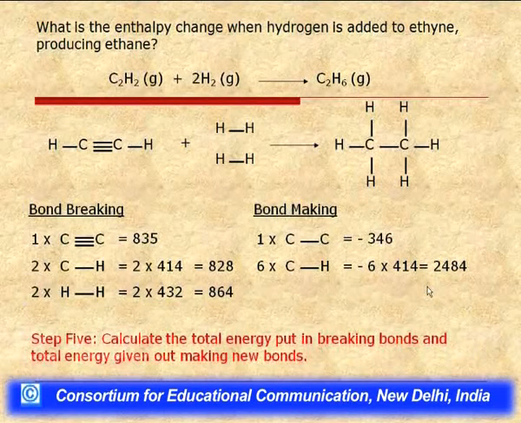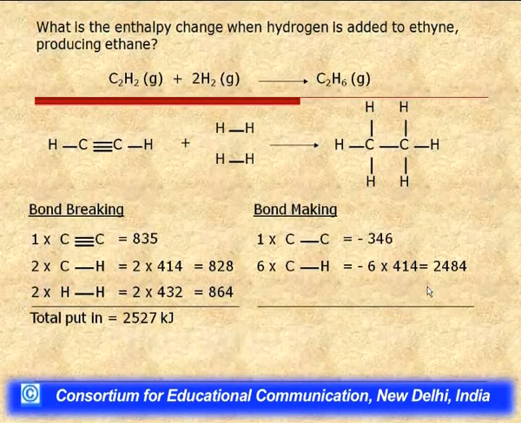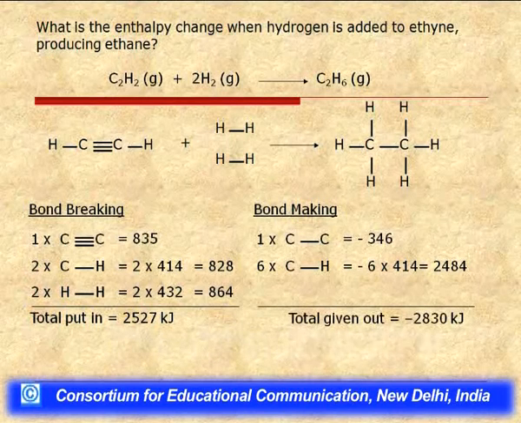So, this is negative 2484 kilojoule, which is the heat involved in the making of 6 carbon-hydrogen bonds, and in the making of one carbon-carbon single bond there is minus 346 kilojoule of heat involved, with the sum total of this being.